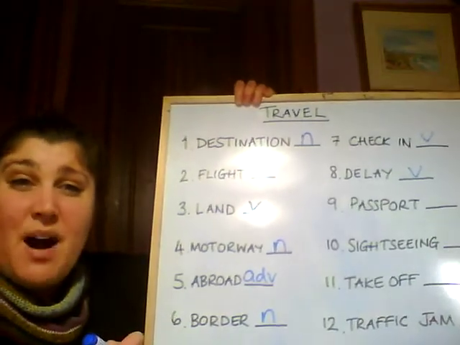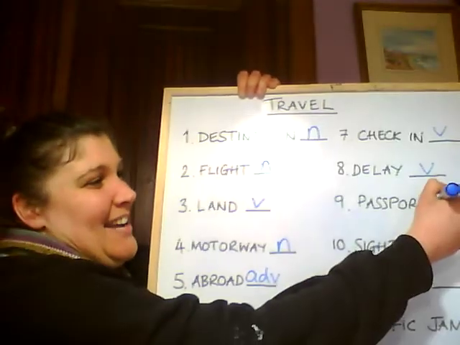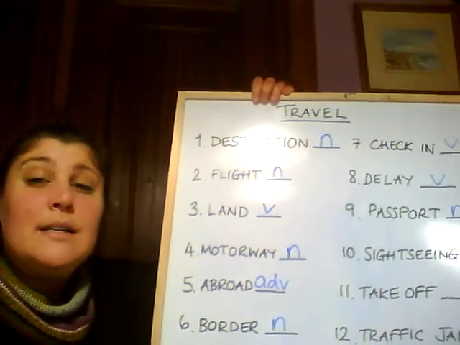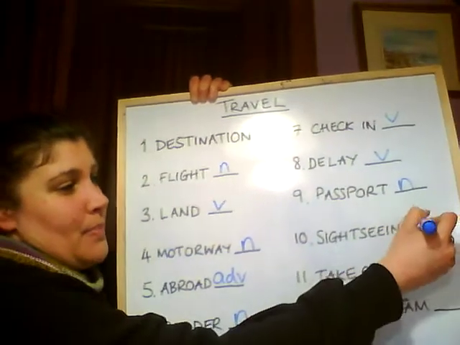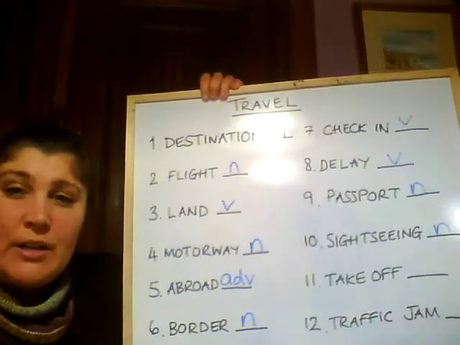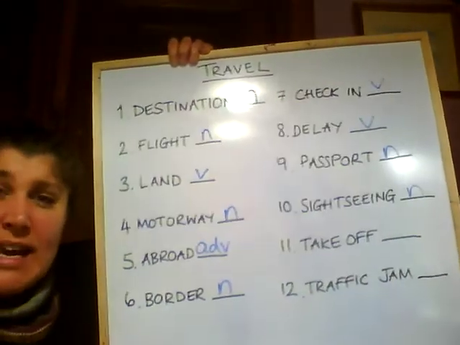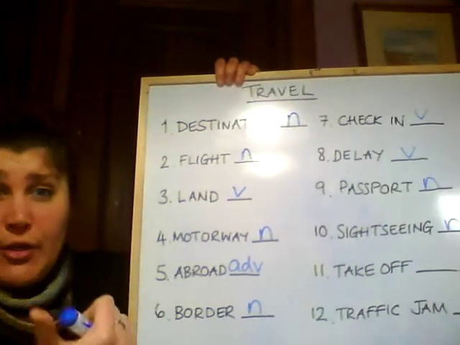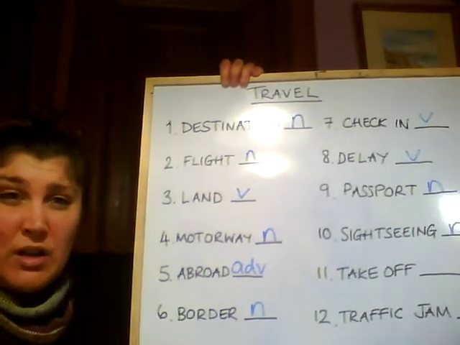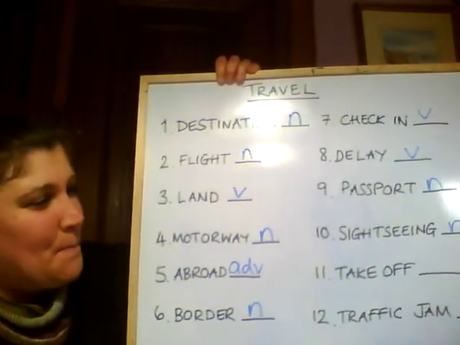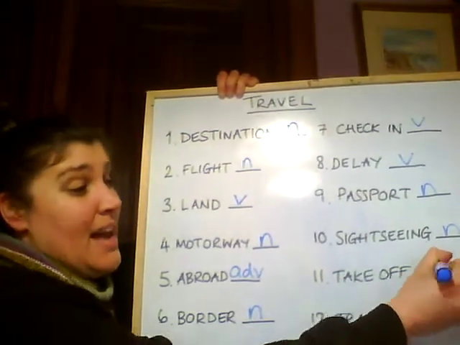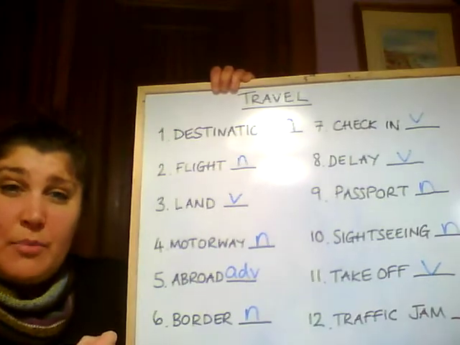Number 9 then, passport. Easy peasy. It's a noun. Number 10, sightseeing is a noun. If you go sightseeing in Lugo, what do you see? The cathedral, the wall, the river. Good. Take off is also a verb.